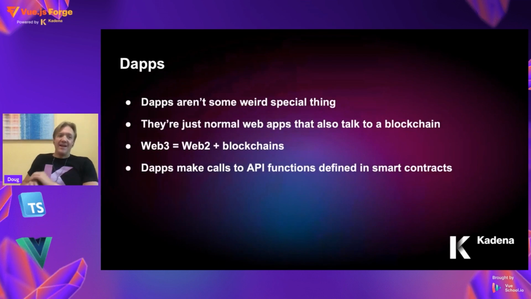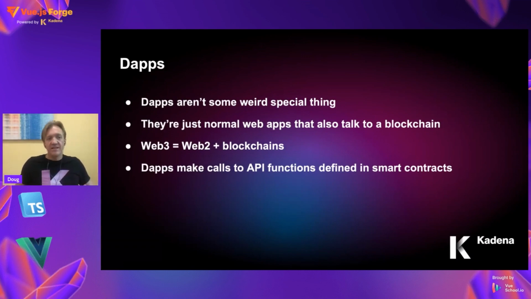dApps. I think the word dApp does a little bit of a disservice because it makes us think, oh, it's this crazy new thing. It really isn't. A dApp is just a normal web app that also happens to talk to a blockchain. You have the same HTML, the same web browsers, the same CSS, JavaScript, but in a dApp world, you're making API calls to blockchain resources, and you're potentially posting transactions on a blockchain or signing things with public and private keys.